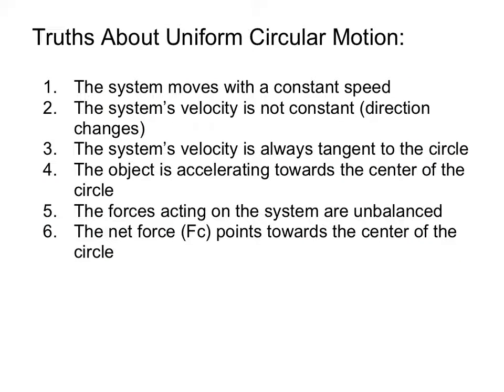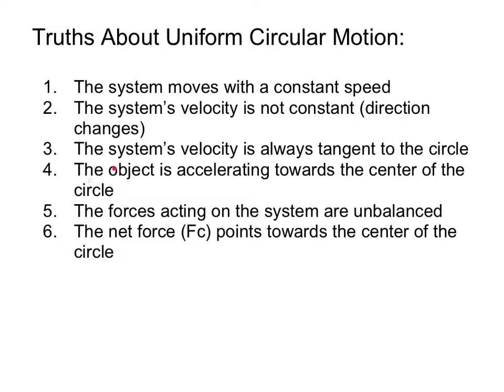Over time, I've determined that there are 6 things that we can take away and say for anything that's undergoing uniform circular motion. The word uniform here just means that its speed is the same. The first thing is that the system or the object moves with a constant speed. The second thing is the system's velocity is not constant. Its direction changes. The third thing is the system's velocity is always tangent to the circle.